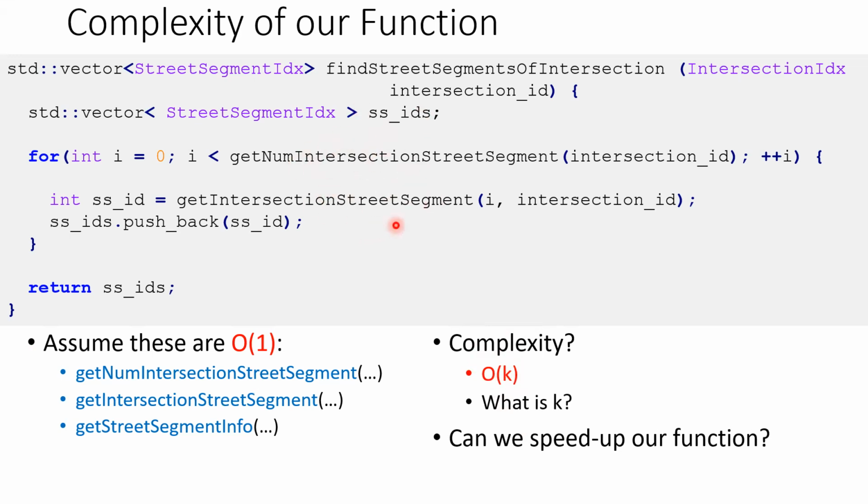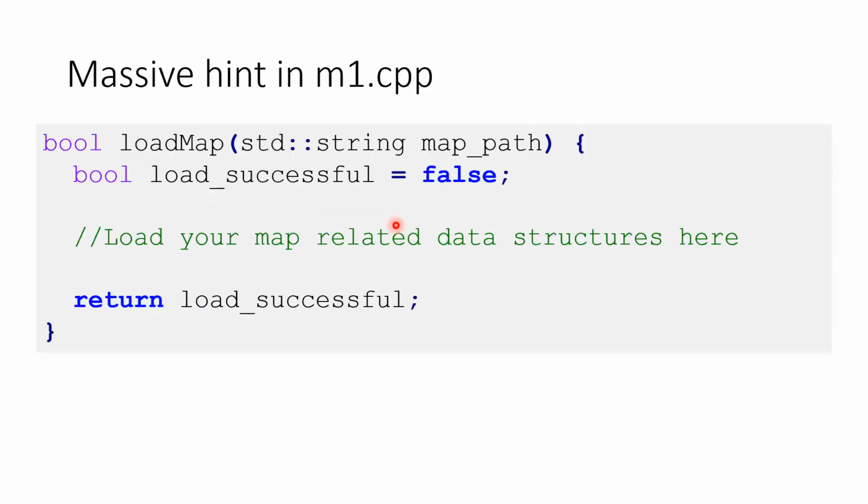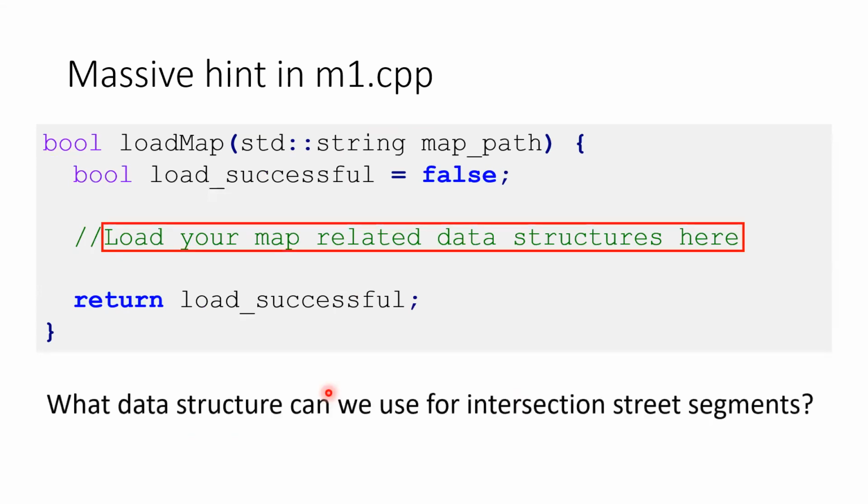How can we speed up our function then? If you look at the comment we provide to you in load map, we gave you a massive hint where we're creating data structures. And what data structure can we use for this function specifically?